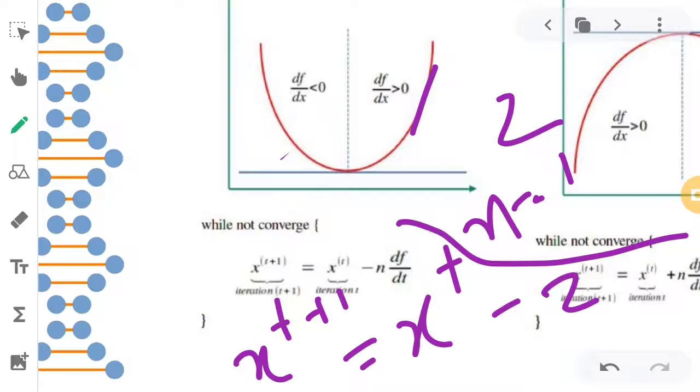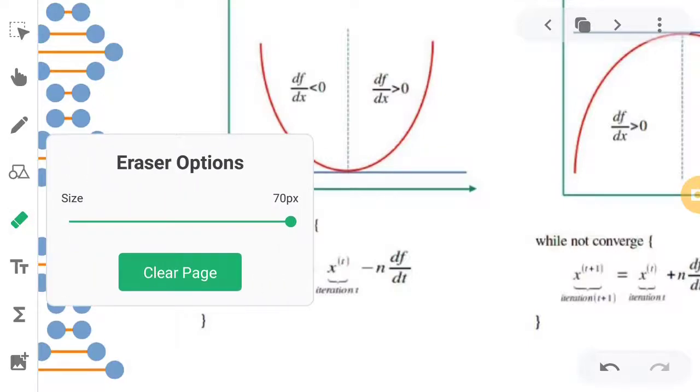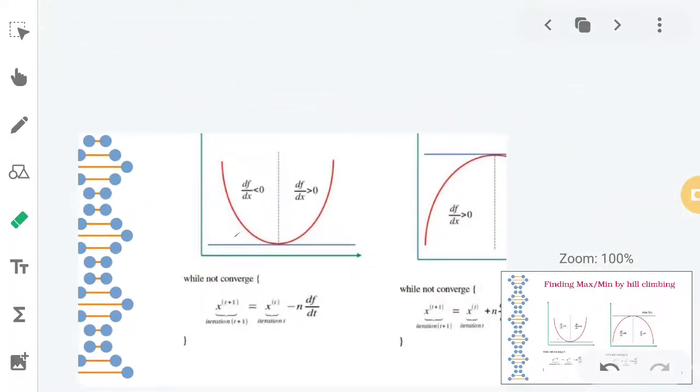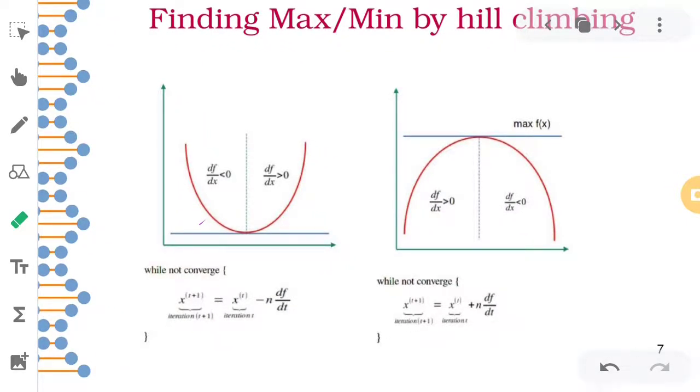At time t the point is here, at t+1 the point is here. So it is descending from here to here. This is the concept of finding minima by the hill climbing method, and this is gradient descent also.